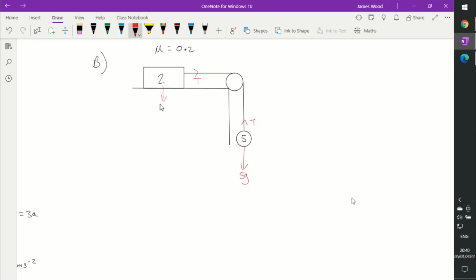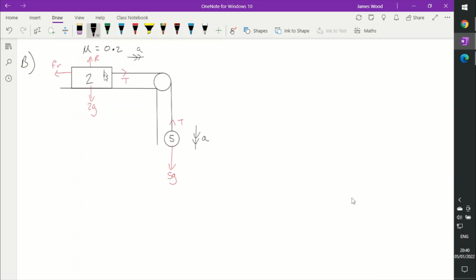It's got a weight of 2G. It's got a normal reaction force of R. And there's presumably going to be some friction trying to stop it. And here, this one's going to move down, and this one is going to move to the right. We're going to try and find T and A, exactly the same as we did before.